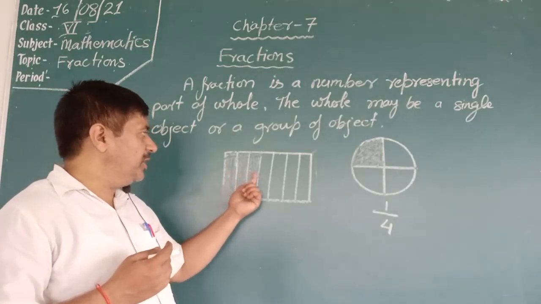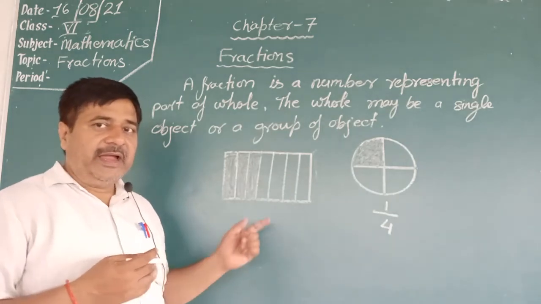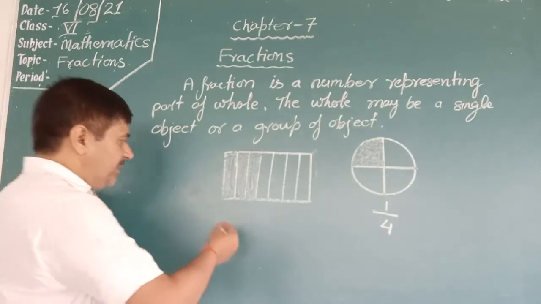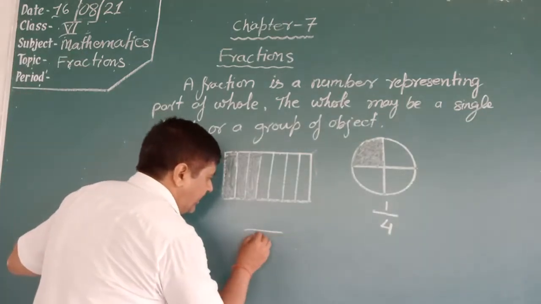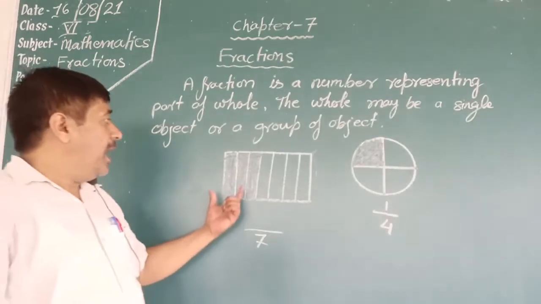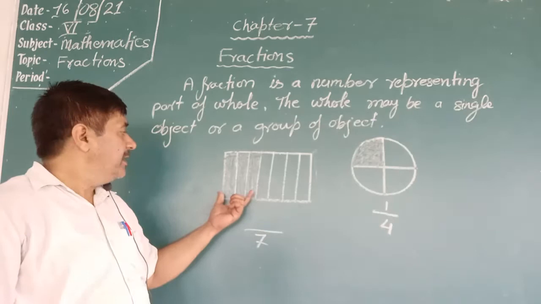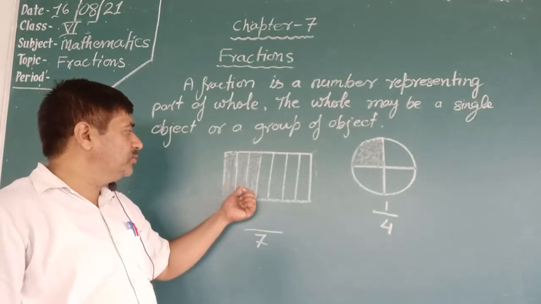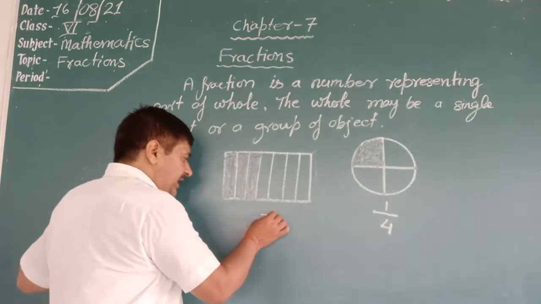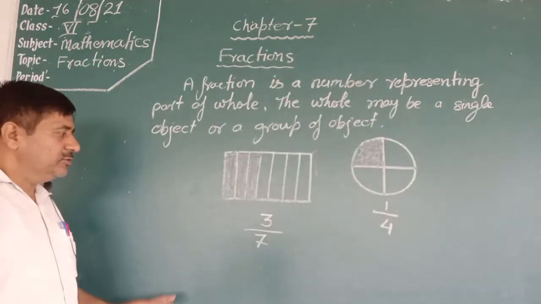Now in the second figure, how many parts are there? 1, 2, 3, 4, 5, 6, 7, and this is a 7 part. So the whole is 7 parts, and you write that in the denominator. And how many parts are shaded? 1, 2, 3. Then you write 3 in the numerator.